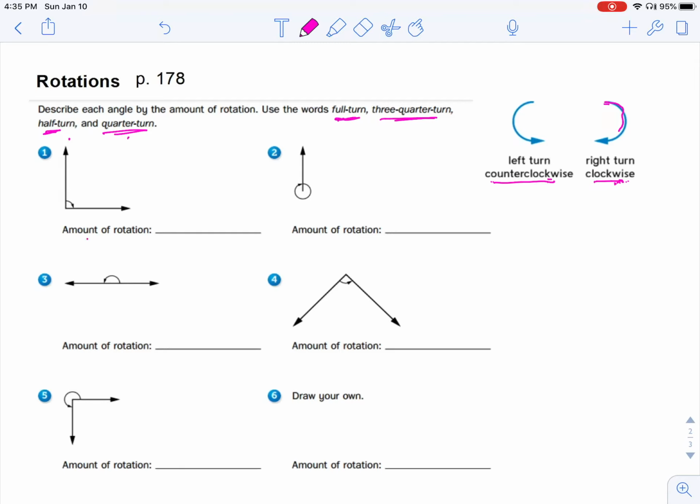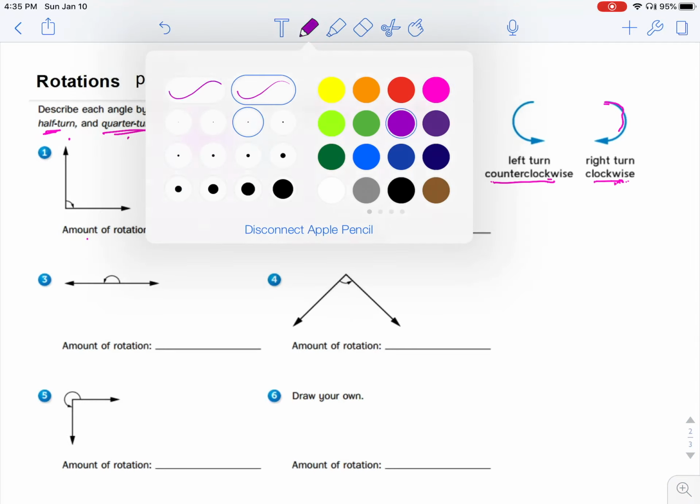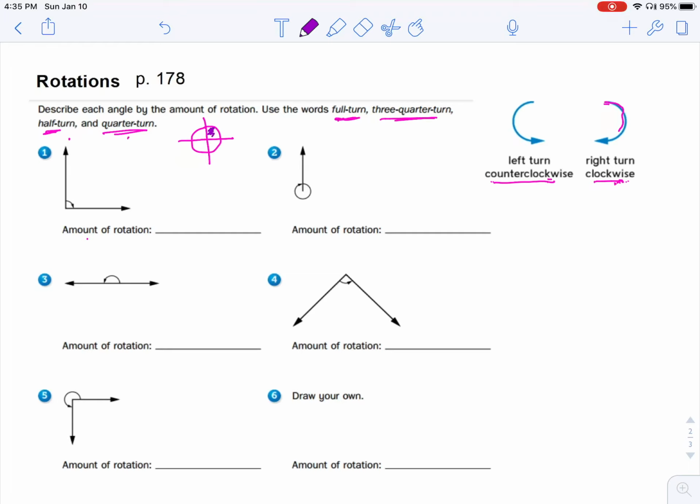So for this number one, the amount of rotation here, well, again, if we picture a full turn as all the way around 360 degrees, then now you can really easily see these equal pieces, right? And this is just a quarter of the whole, so we're going to call that one a quarter turn.